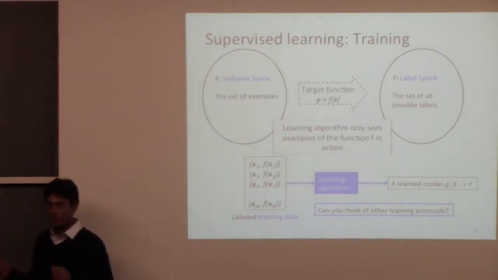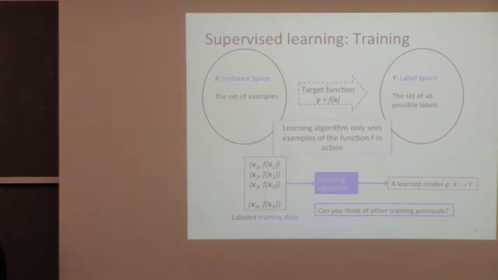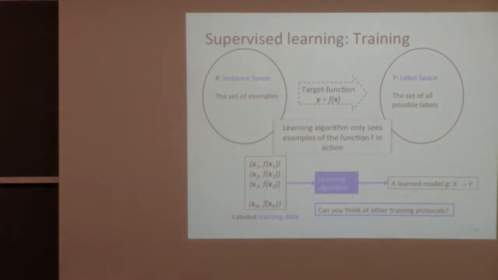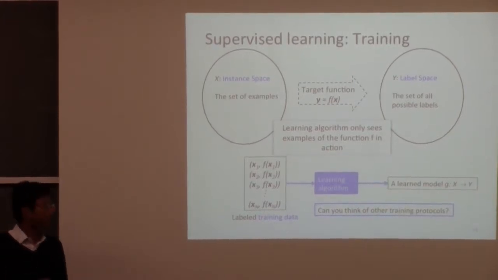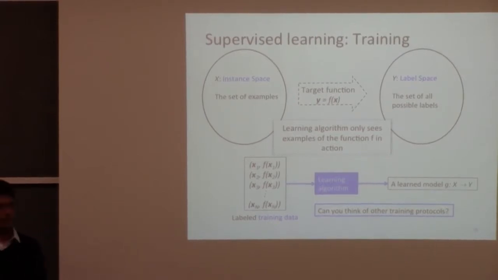The learning algorithm can go to f and say, here's an x, here's an input. What do you think is the label for this? And then it refines its model. And then it says, I've learned something about the target function. Now, here's another x. I'm very uncertain about this part of the instance space. Tell me the label for that. And this is an iterative process. That is like you guys asking me questions and me answering them.